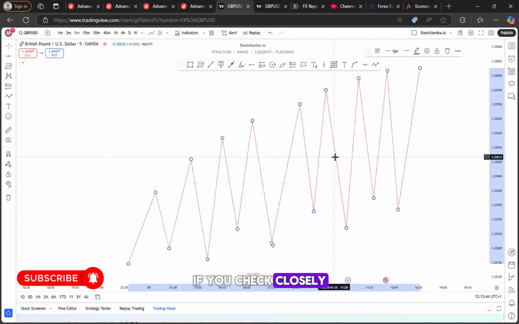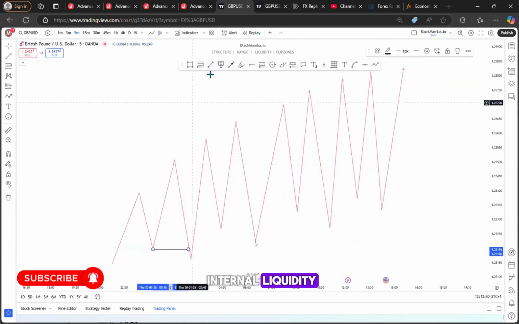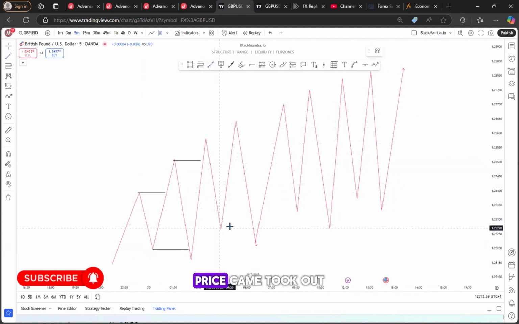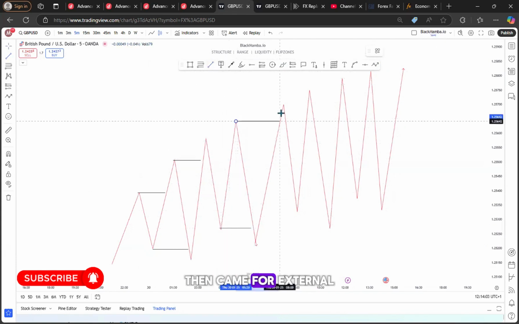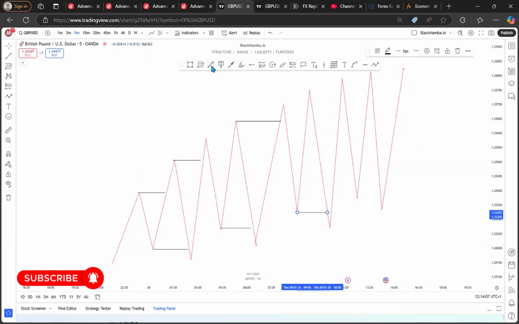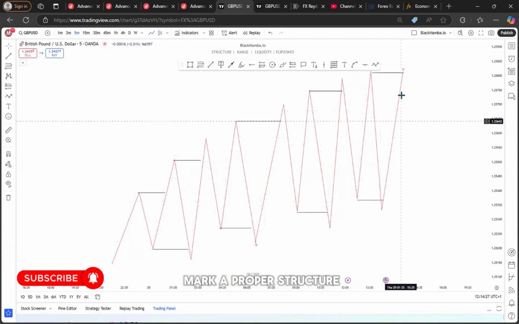If you check closely what is going on here, in an uptrend like this, price is taking out internal liquidity, then coming for external liquidity. Price came, looked at internal liquidity, then came for external liquidity, again internal liquidity, external liquidity. This is how to mark a proper structure.